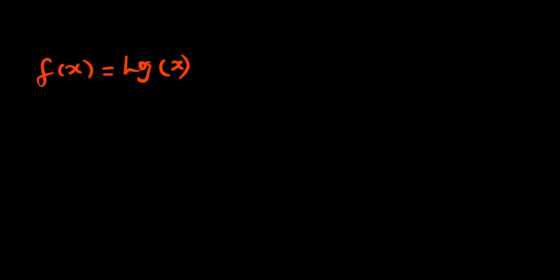So how are we going to solve this one? Let's come up with a graph. If they haven't given us the base, always assume that the base is 10. It's a common log, not a natural log actually. So let's say this is our table of values.